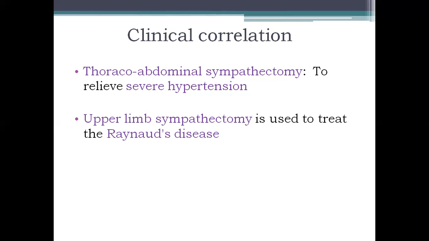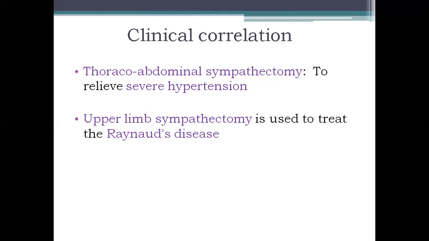The next one: injury to the stellate ganglion, which is the first thoracic ganglion fused with the inferior cervical ganglion, causes ipsilateral Horner syndrome. What is Horner syndrome? It happens when the sympathetic supply to the head is damaged, which we will see in head and neck. What are the symptoms?